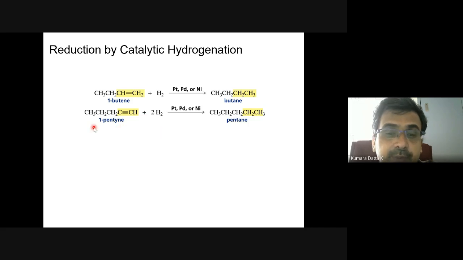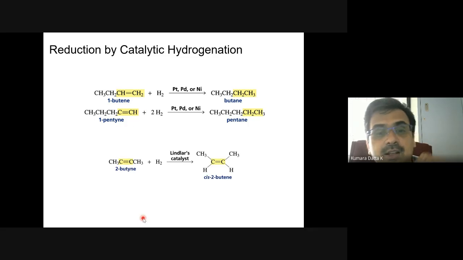Even if you have a triple-bonded pentyne, by supplying hydrogen gas and using any of these catalysts, platinum, palladium, or nickel, we get pentane. Many of you are already aware of this. Please look at the highlight here, which shows at what stage hydrogen is being added.